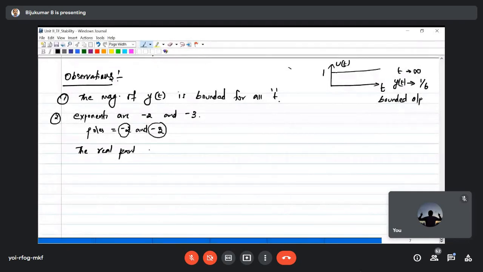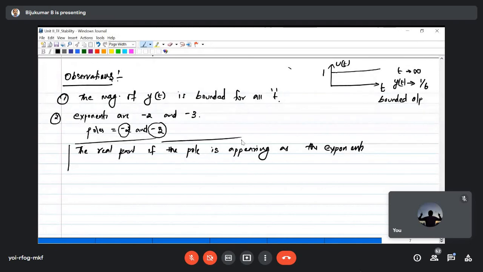So we can generalize like this: the real part of the pole appears as the exponents, right?